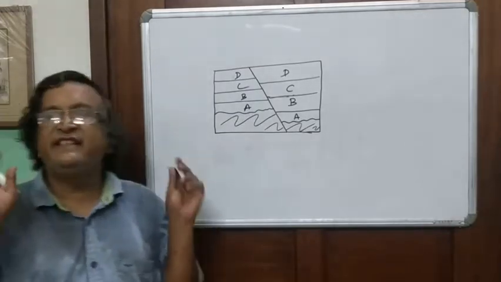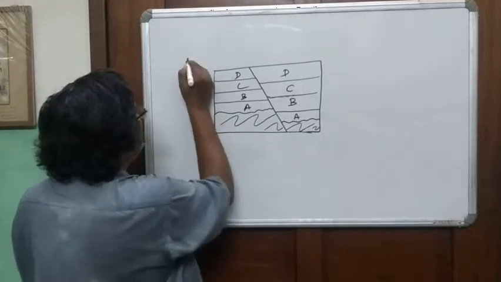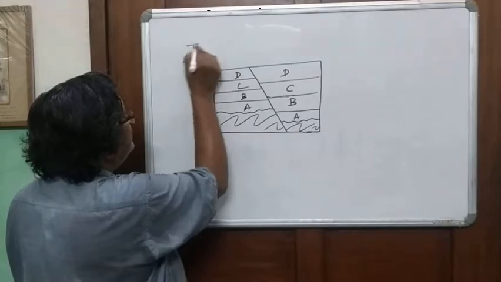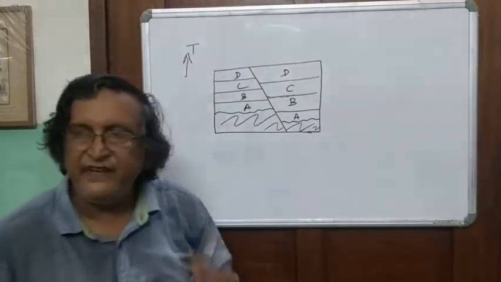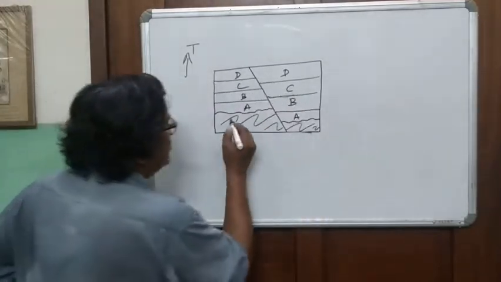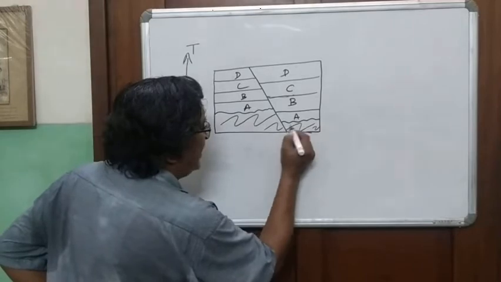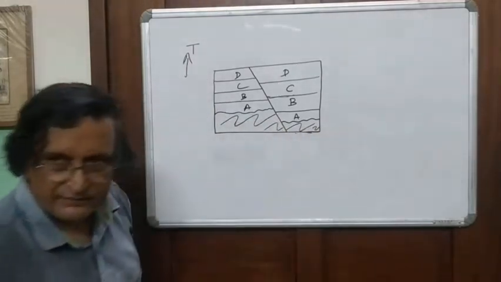What are the things here in the geologic section? If you look, remember this is the top. That means this is the direction of younging of the rocks. This one here, the lowermost layer, you can see there are folds.